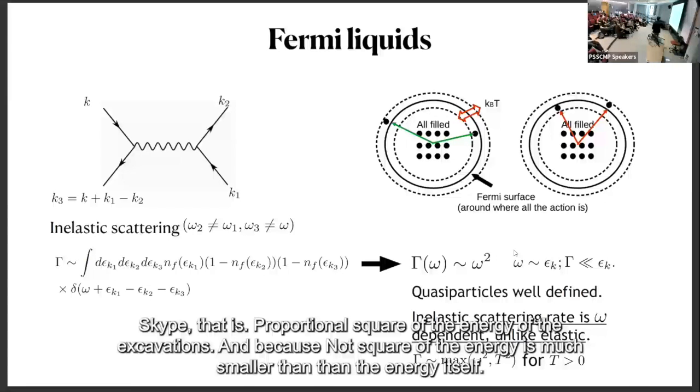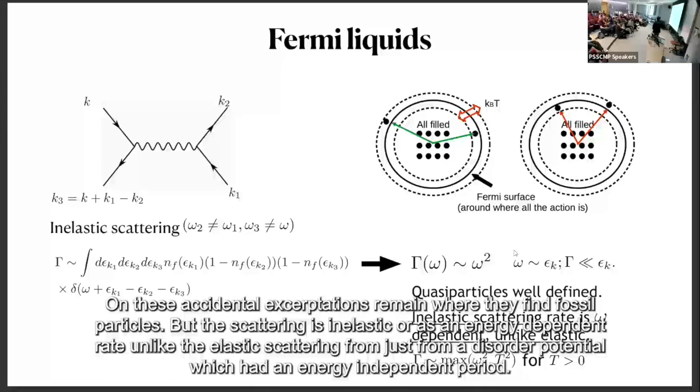And because that square of the energy is much smaller than the energy itself, the individual excitations remain well-defined quasiparticles. But the scattering is inelastic in nature, and it has an energy-dependent rate, unlike the elastic scattering from a disorder potential, which had an energy-independent rate.